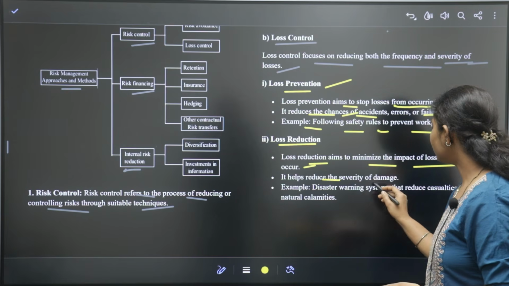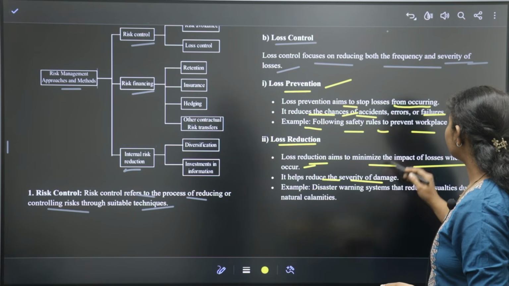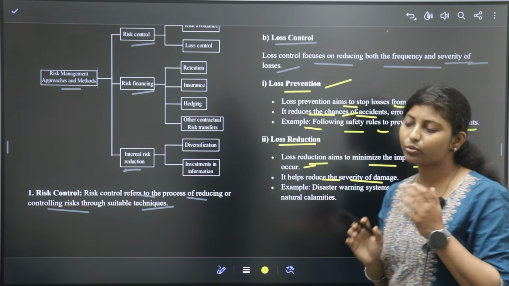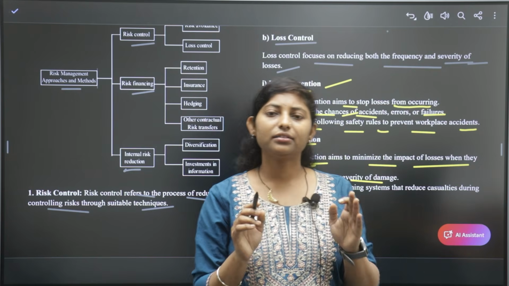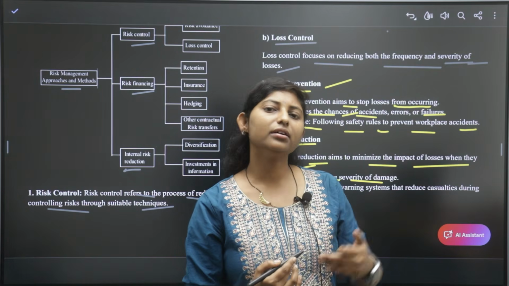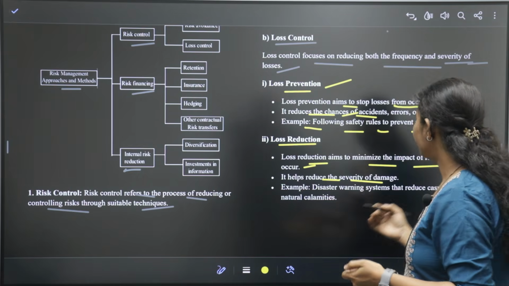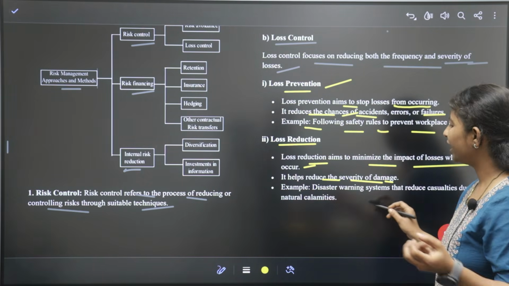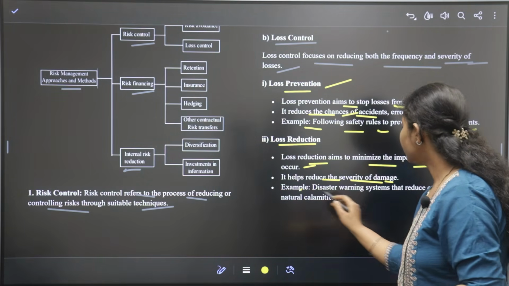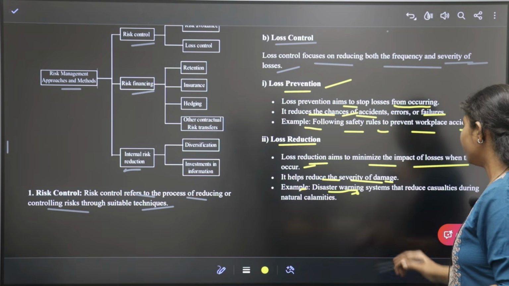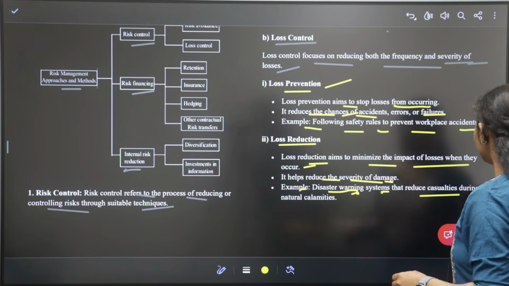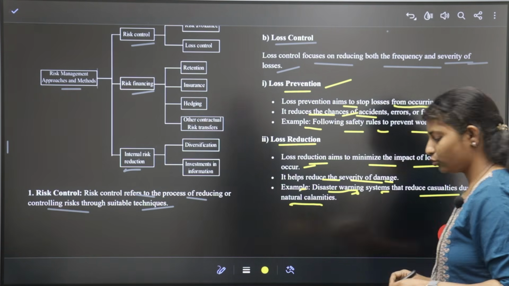It helps to reduce the severity of damages. Severity means how much loss exactly we are getting, and that can be reduced in the business. For example, a disaster warning system reduces casualties during natural calamities.